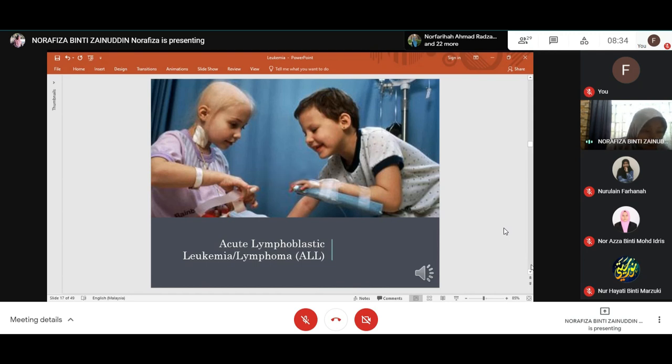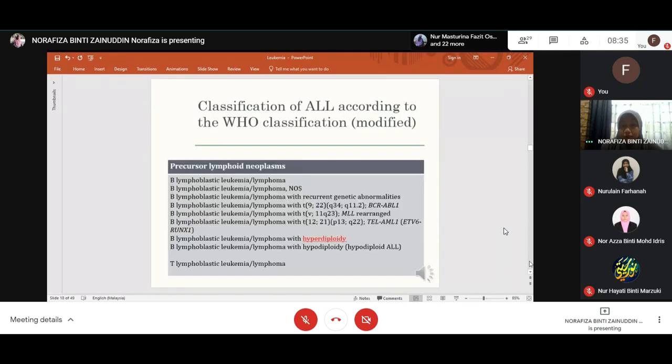Alright. Now slide 17. We move on to the next type, ALL, acute lymphoblastic leukemia, or in some textbooks acute lymphoblastic lymphoma. So this is the modified WHO classification.